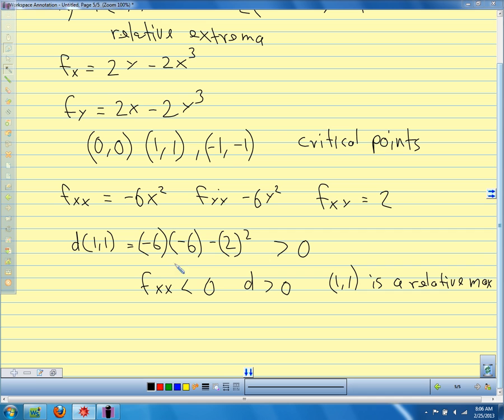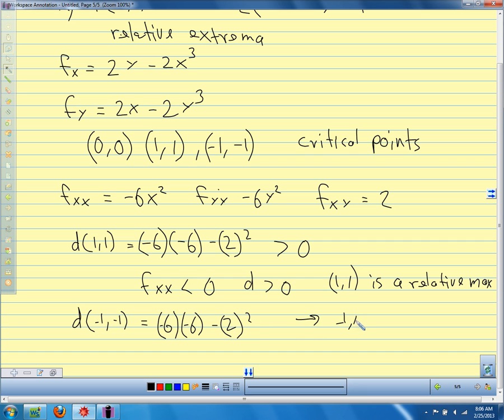And at -1, -1, we're going to come up with the same thing. So D of -1, -1 is -6 times -6 minus 2 squared again.